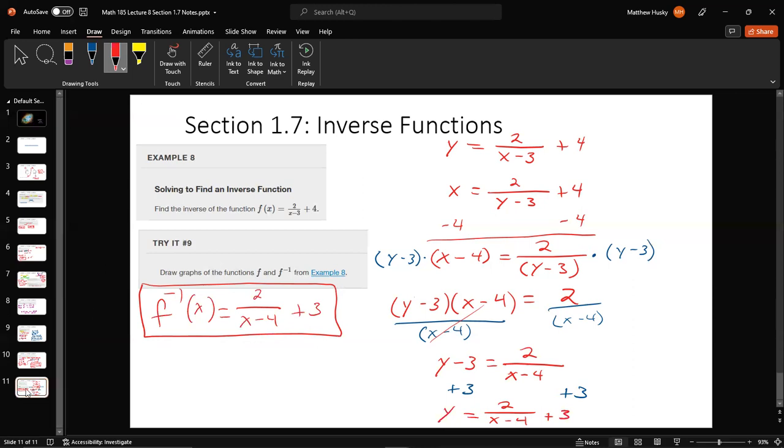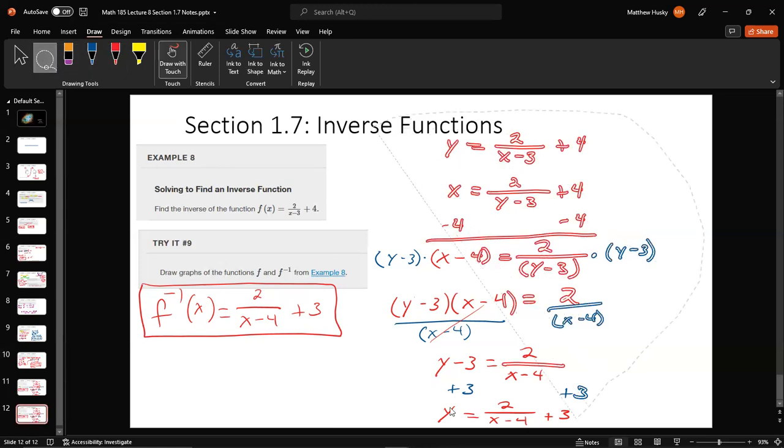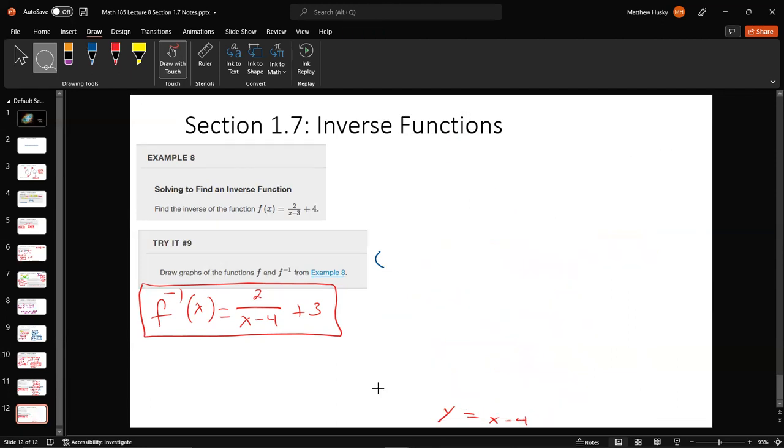So the last thing that we'll leave with for this particular section is we'll talk about the graph of a function and its inverse. And that'll be the last thing that we mention.